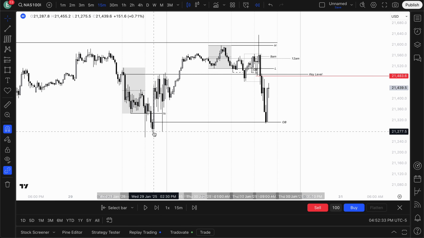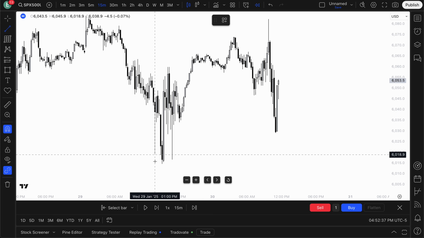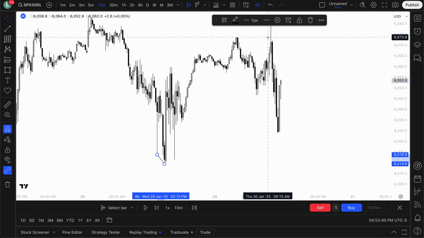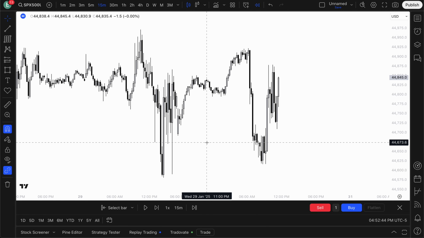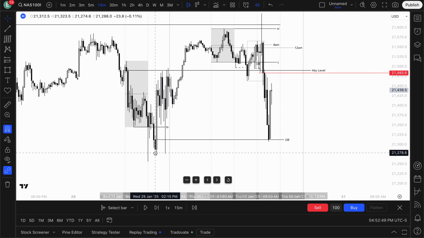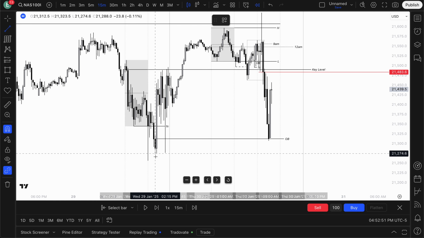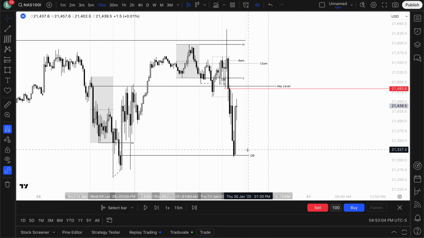And right here, if you look on SPX, there was an SMT, right? You can see. Oh, so SPX, NASDAQ. So technically, the SMT here, this was technically the low that swept this. So this is our order block. You can see we validated it again right there. So that's what we were reacting off of.